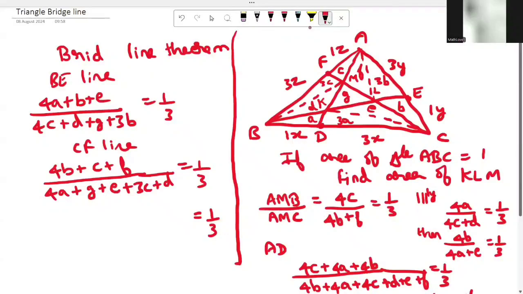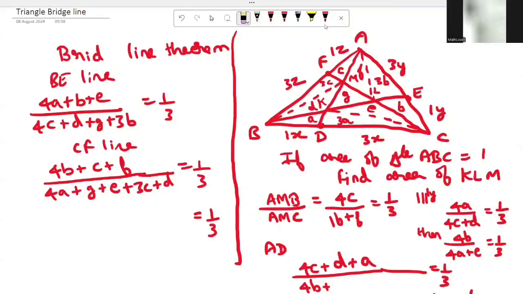For AD line, we had 4C plus D plus A. On the other side, we had 4B plus F plus G plus E plus 3.